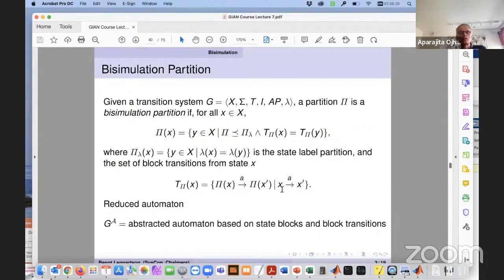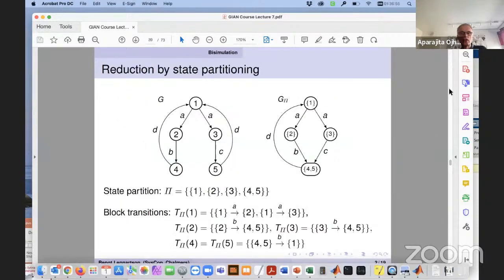And that there is a block state within this partitioning. Here I have an example where I have a block state 4, 5. I have a transition to another block state, which is a single block state.